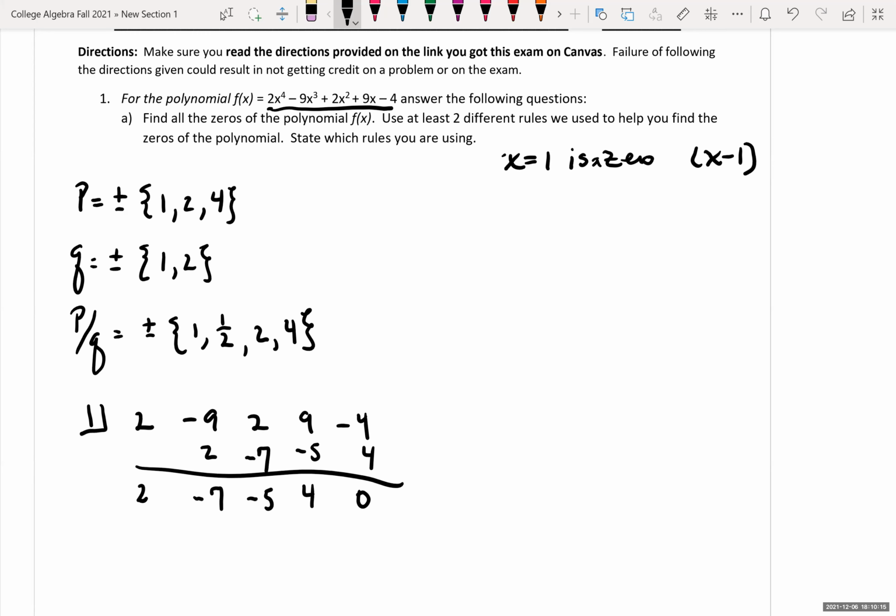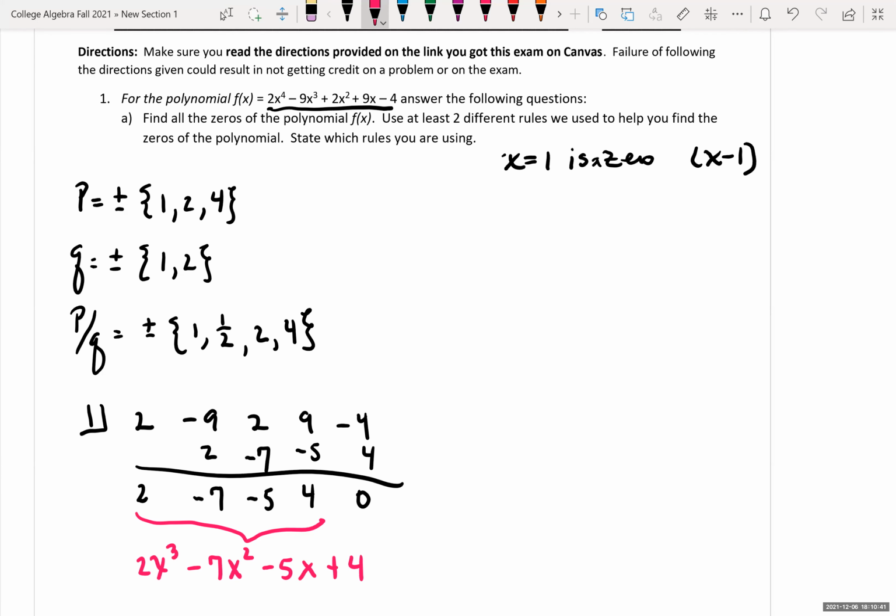We have brought this down to now a degree 3 polynomial right here. This is the same thing as going 1 degree less than the horizontal row on top. That's going to be a cubic. So this is 2x cubed minus 7x squared minus 5x plus 4.